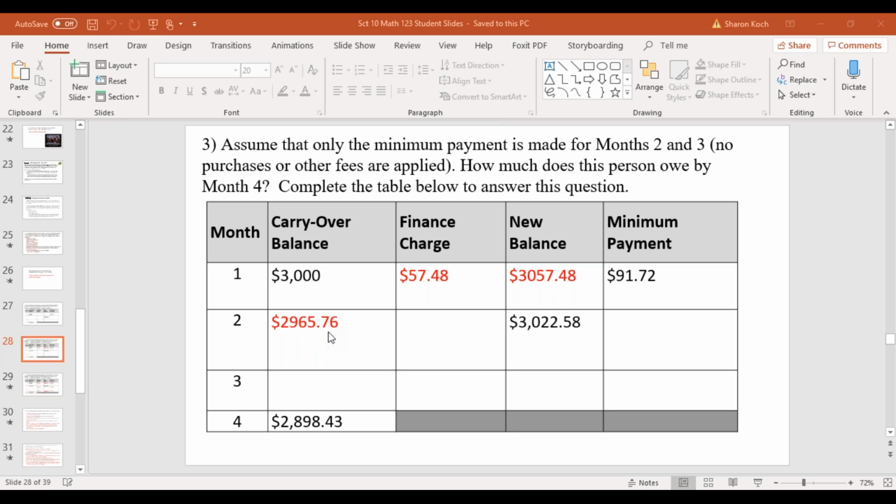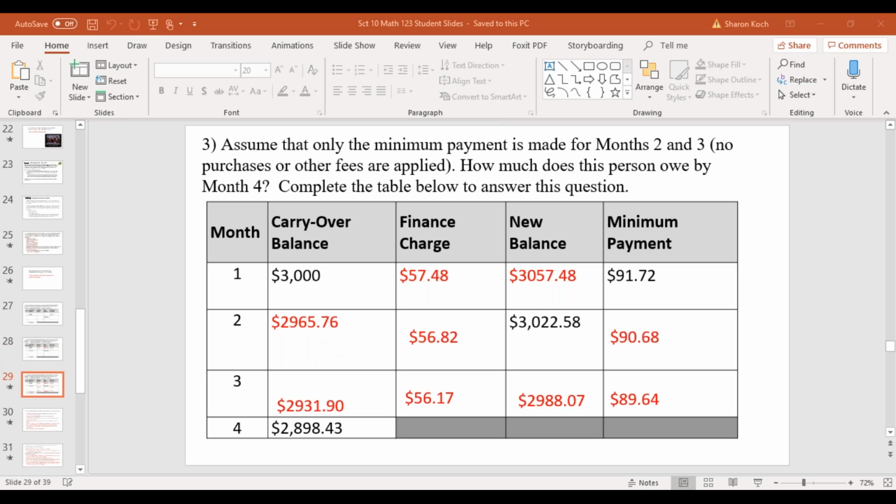So now if we do the same process over and over again, APR divided by 12 times this carryover balance from month number 2, okay, you're going to see some of these values here, $56.82. So then if I add these two together, this is my new balance, take 3% of that, and I'm still paying $90. I mean, these minimum payments, look at this, they're still high.